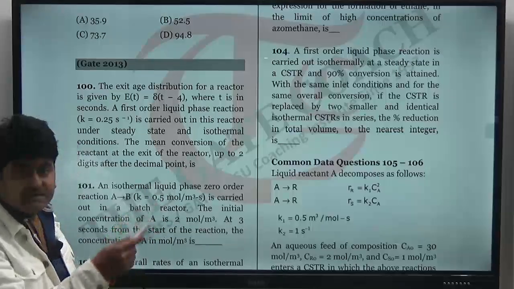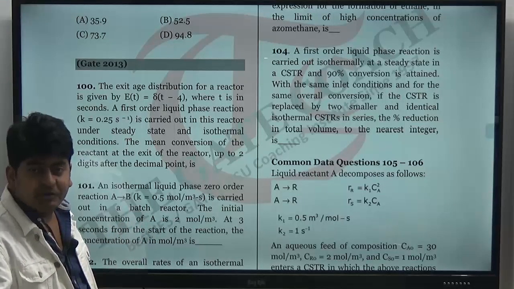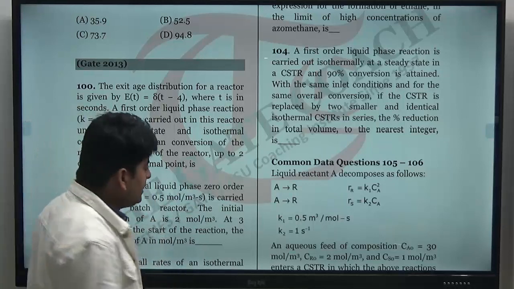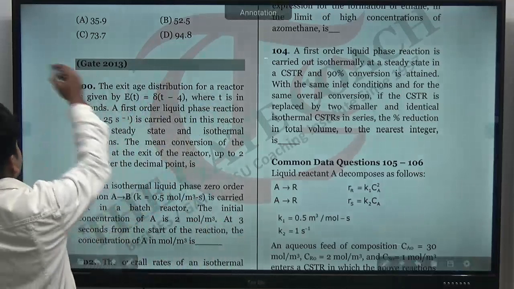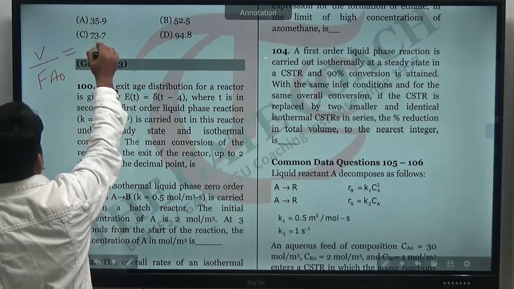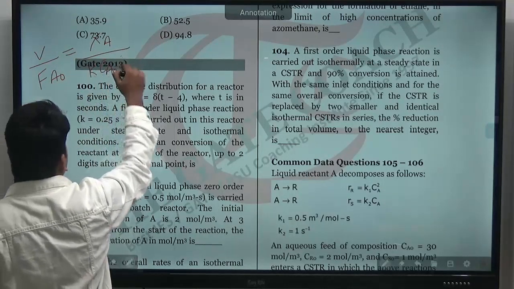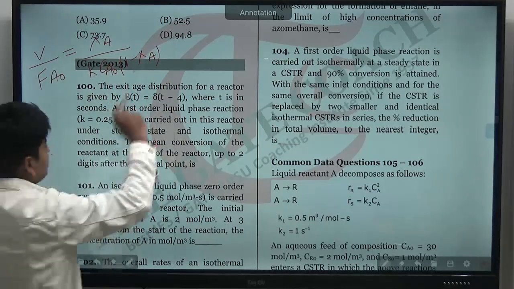104. The volume of reactors has been increased, so obviously the area governed will decrease. That means the volume required will decrease. That's what they want to know. Okay, so let's do it for the first case. For a single MFR, the design equation is this: XA over minus RA, that is kCA, and CA means CA naught times 1 minus XA.